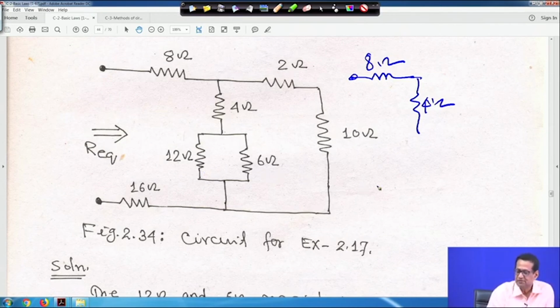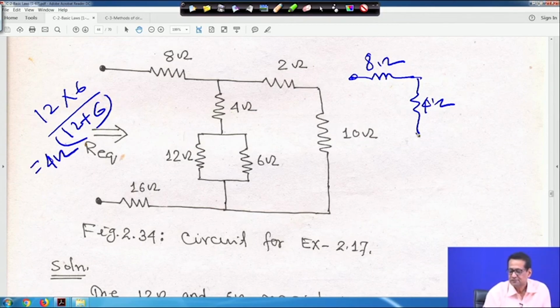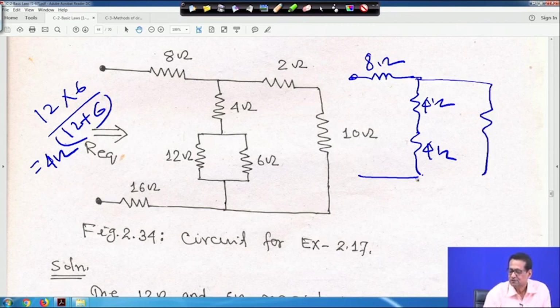So, the equivalent will be 12 into 6 by 12 plus 6, right. So, it will be 72 by 18, that is equal to 4 ohm, right. So, this will be equivalent to 4 ohm, and this 2 and 10, these two are in series. So, 10 plus 2 will be your 12 ohm.